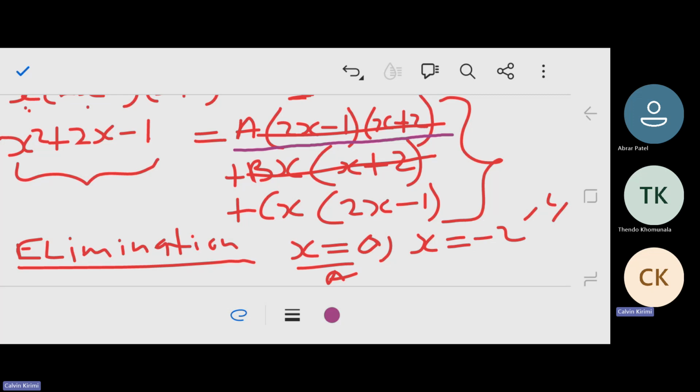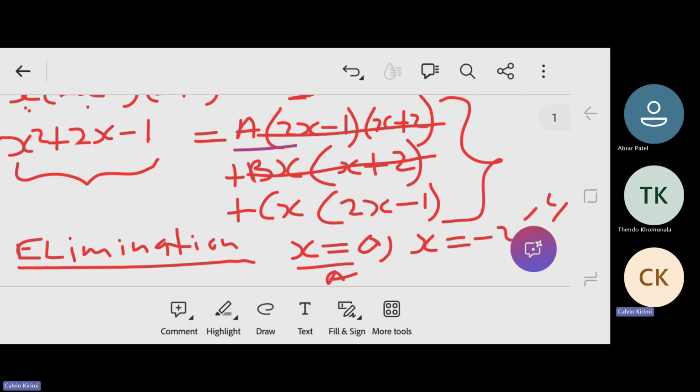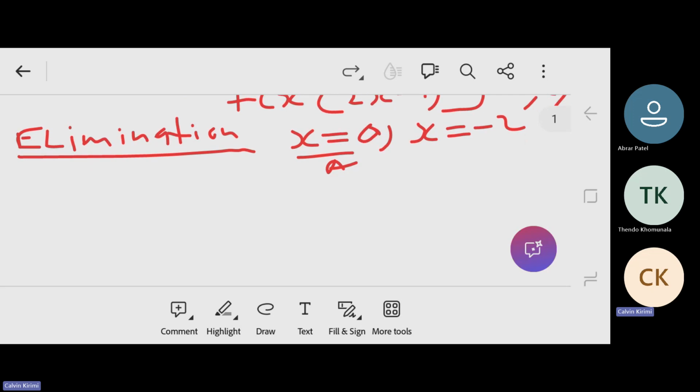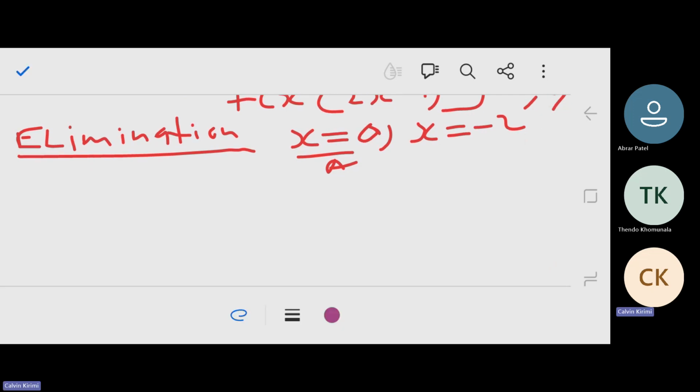So which means that if you want to solve for the constant a, we are going to say that x squared plus 2x minus 1.